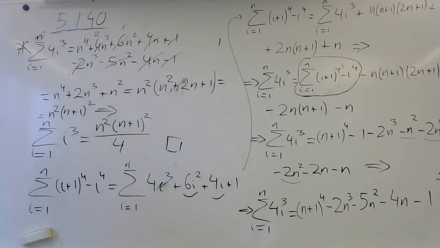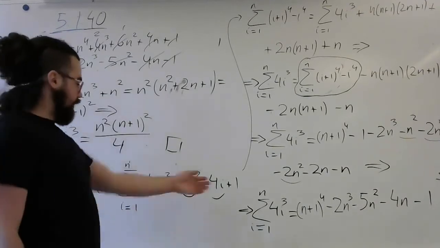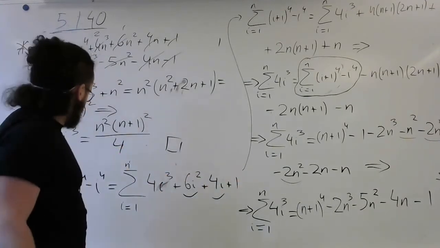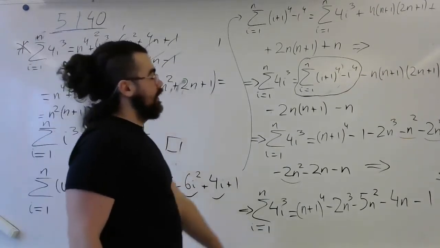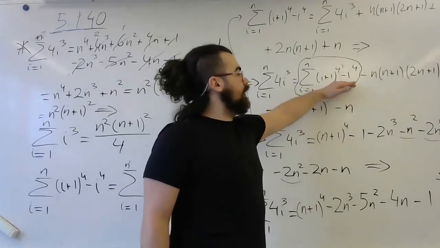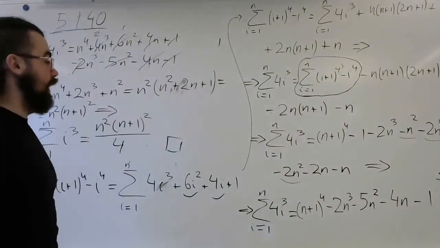Now, this was absolute magic. I love it. So the idea here is that we have expanded (i+1) to the power 4 in all of its powers, and then we have built a telescopic sum with it, which actually cancels out in a very nice fashion.